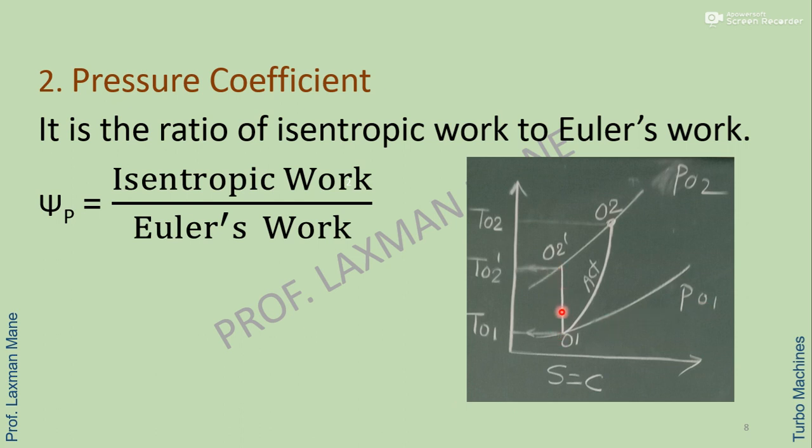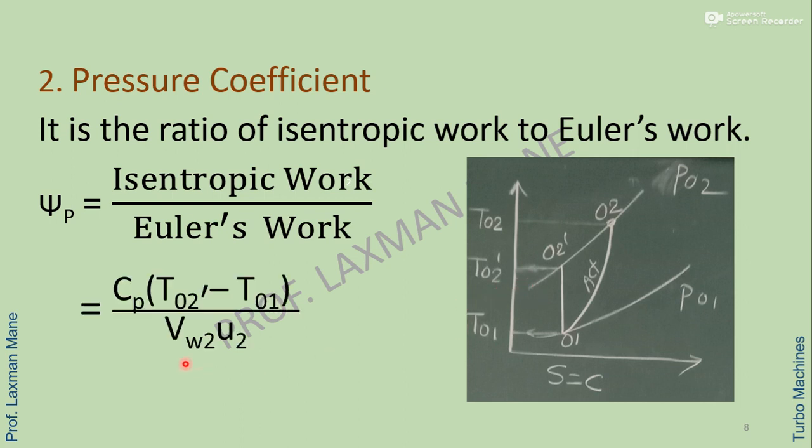This is the ideal process, isentropic compression process, and this is actual compression process, between the total pressure P01 to total pressure P02. So these are the temperatures. Total temperature at inlet T01, total temperature at outlet T02. As far as isentropic line is concerned, the temperature at exit is T02 dash.